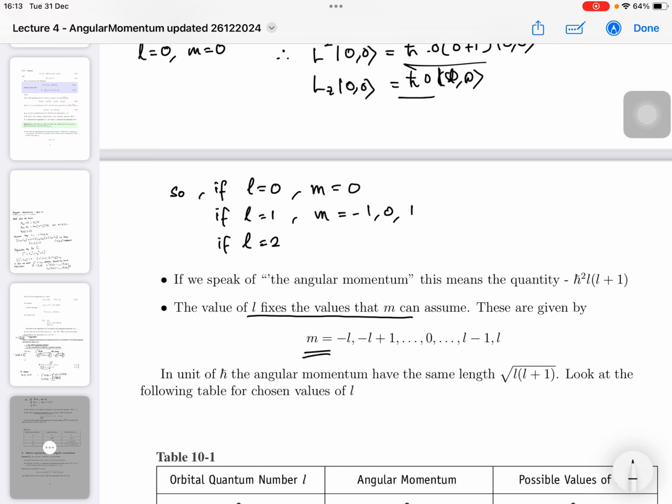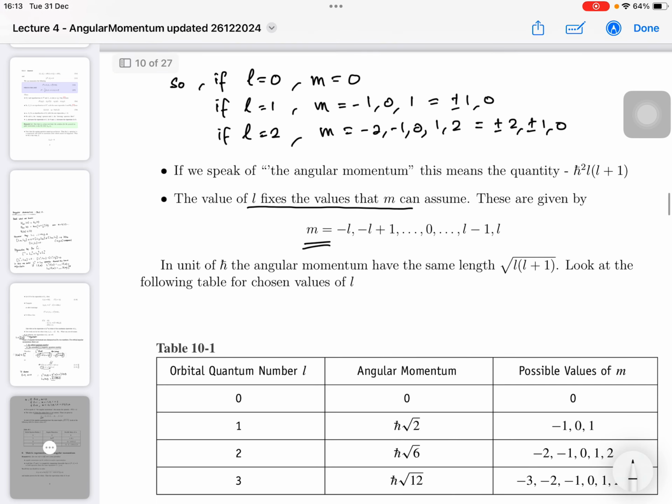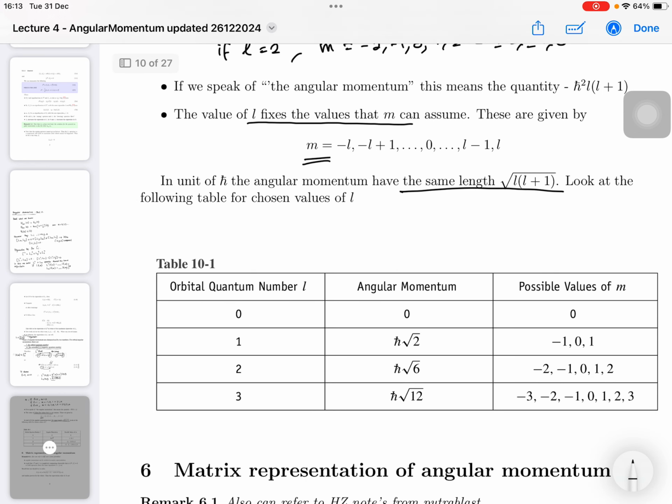If l is 2, m is minus 2, minus 1, 0, 1, 2. In units of h bar, the angular momentum has the length given by that. Now look at this orbital angular momentum: it gives you the possible values of m and also the angular momentum.